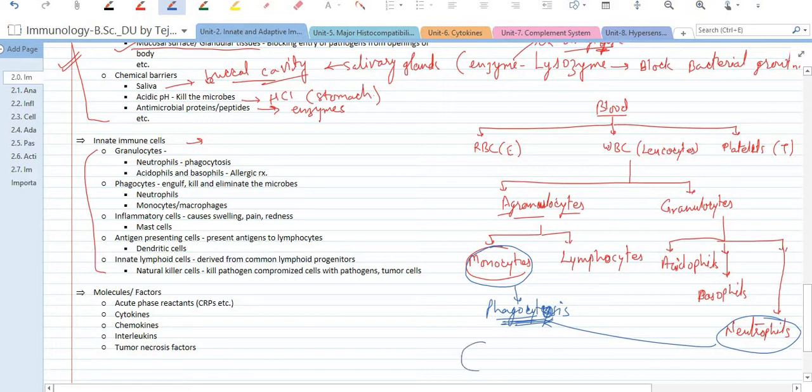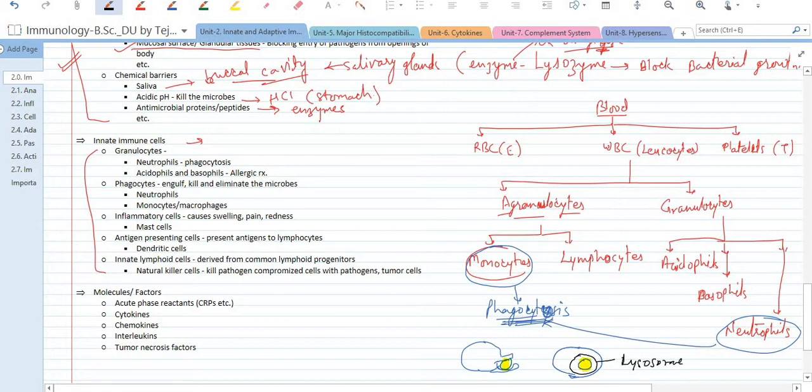Suppose this is a phagocyte cell and there is a pathogen outside, colored yellow. The phagocyte covers it from outside and engulfs it into itself.